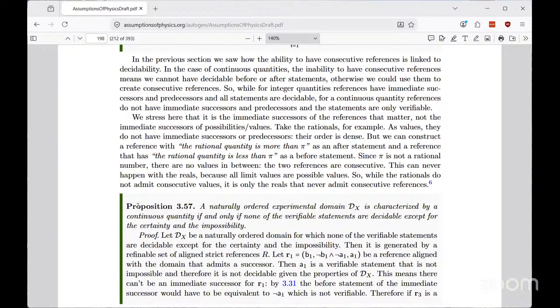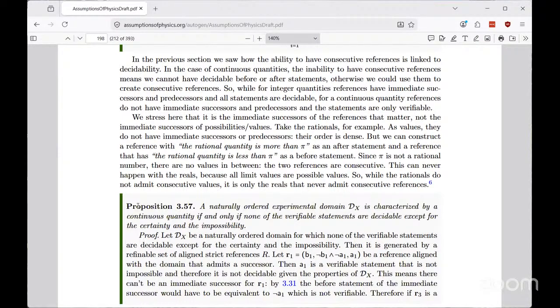We stress here that it is the immediate successor of the references that matters, not the immediate successor of possibilities or values. Take the rationals, for example. As values, they do not have immediate successors or predecessors. Their order is dense. But we can construct a reference with the statement: the rational quantity is more than pi.